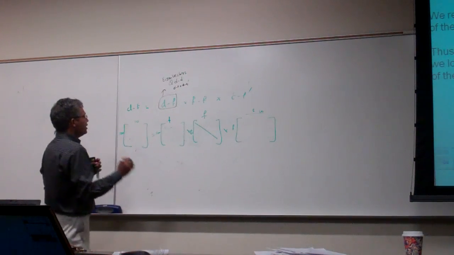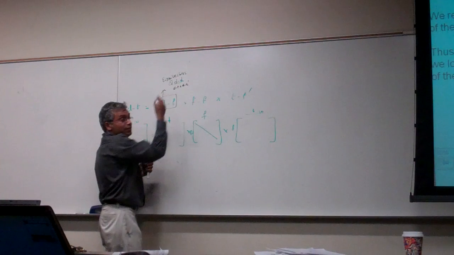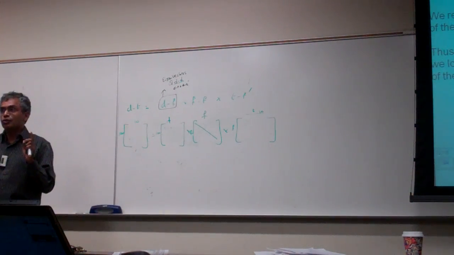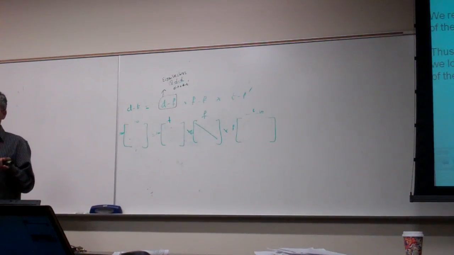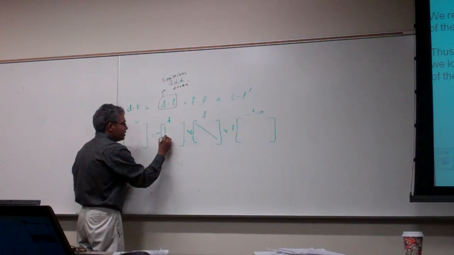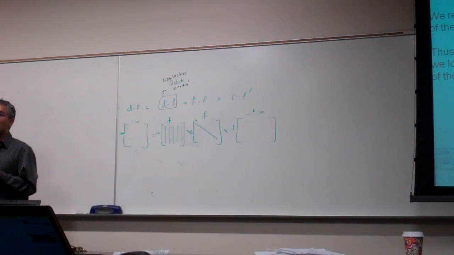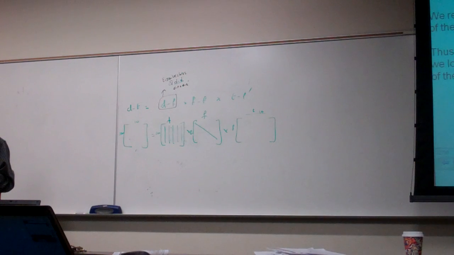So I got DD. Now this is a square matrix, so you can compute the eigenvectors for square matrices. So DF is nothing but the eigenvectors of the square matrix DD. That's it.